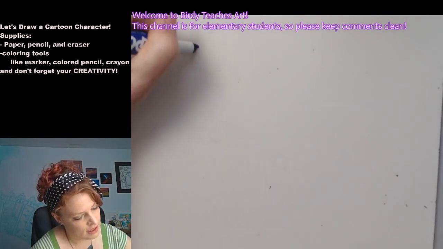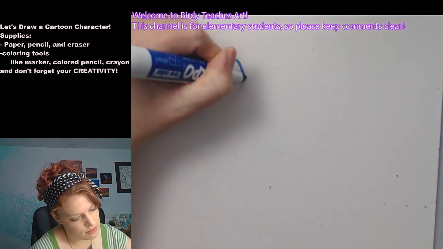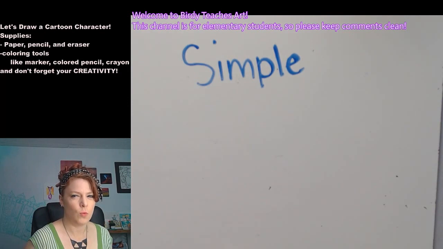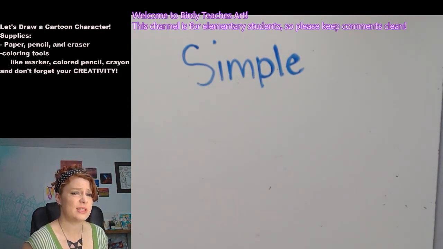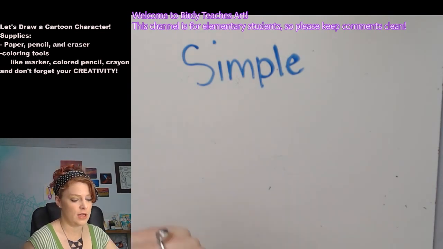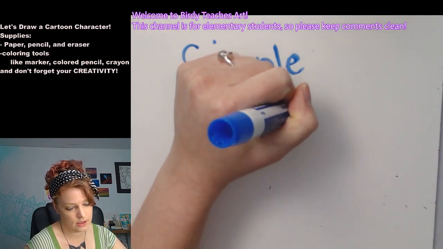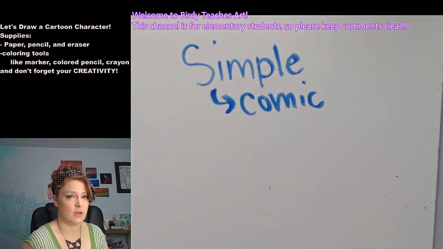Some things to think about is you want to keep things simple. And you might ask, like, why, Birdie? I like to make cool things with cool designs. Well, you know, when we're drawing a cartoon character, especially if we want to end up making it into a comic book, we want to be able to redraw those characters, okay?